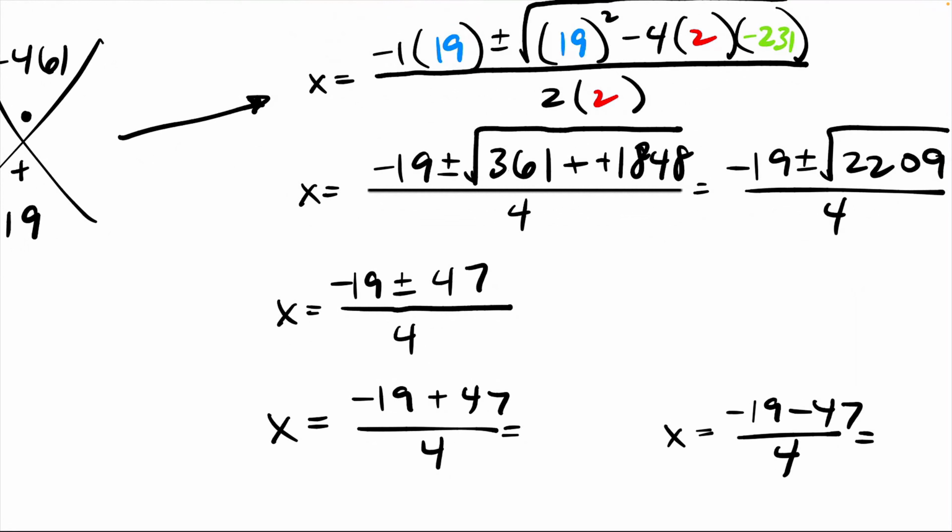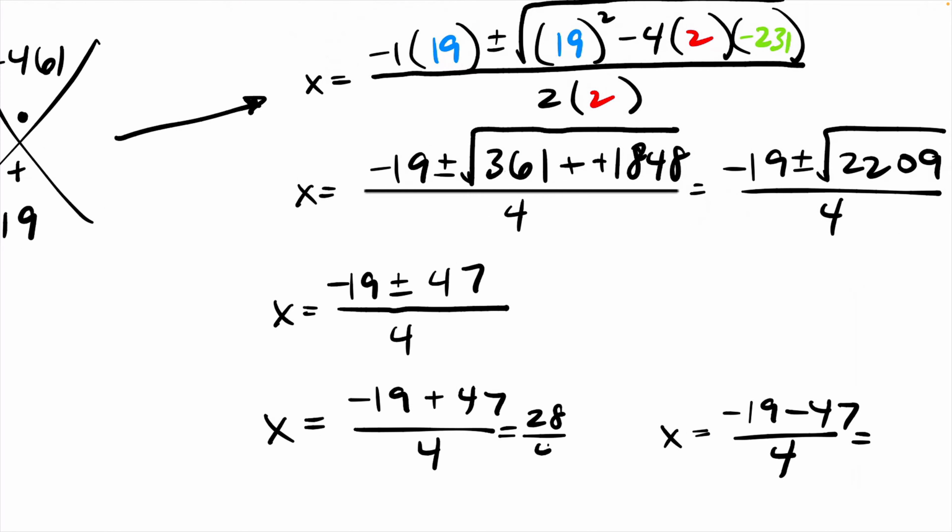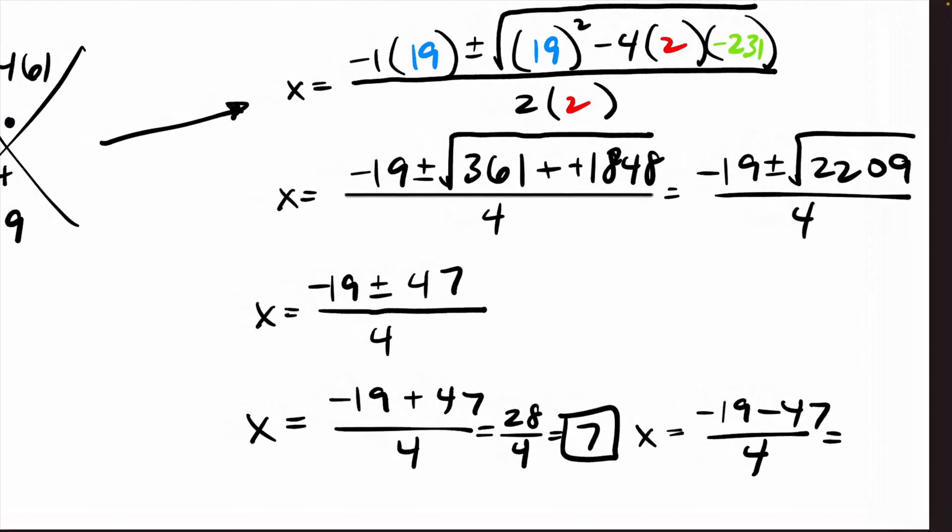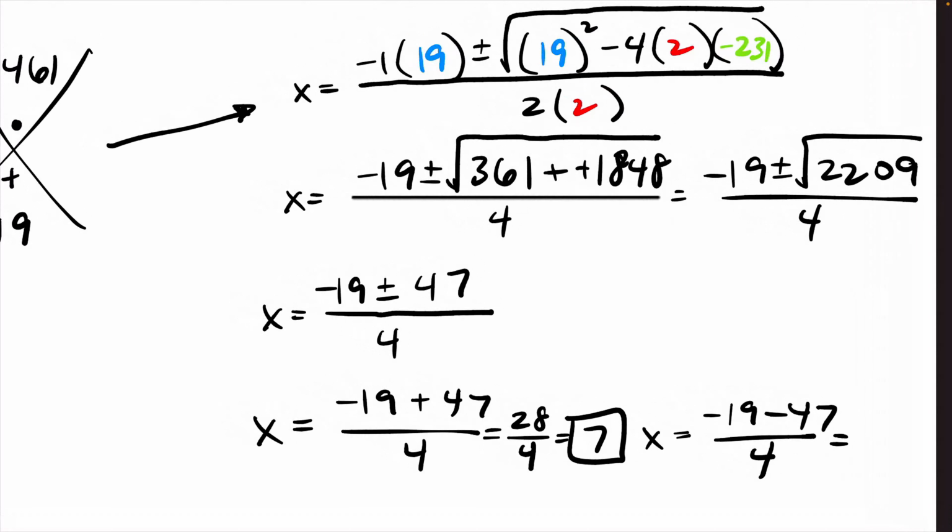So what is negative 19 plus 47? I think 28 divided by 4? Positive 7. Negative 19 minus 47 is negative 66, I think. Divided by 4, you get negative 16.5.